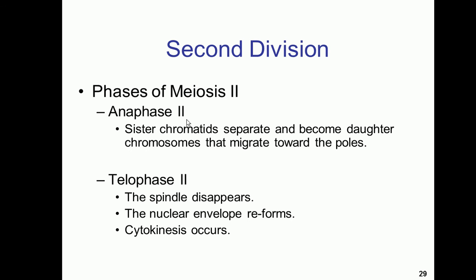So the result of meiosis is you start with one diploid cell and you end up with 4 cells, and all are going to be haploid. This is the main difference between mitosis and meiosis.